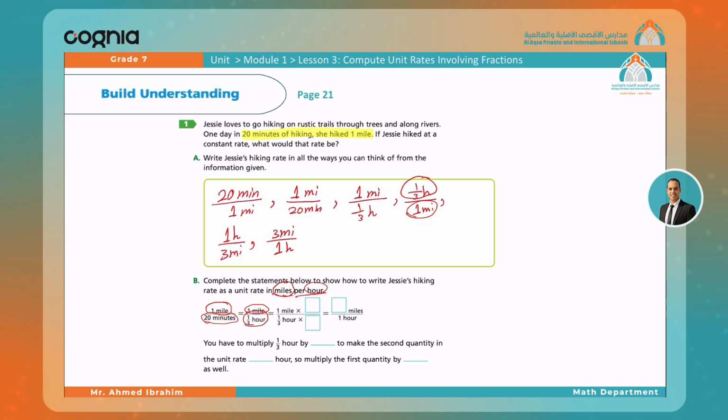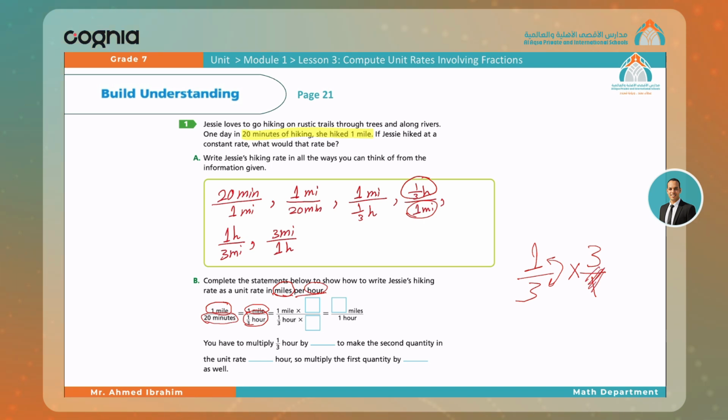Okay? Now, if we have 1/3, how to make it a whole one? Like we said in the beginning, we can multiply by the reciprocal of 1/3. It's like you switch the 1 with the 3, and that means it's times 3/1, which is actually 3.